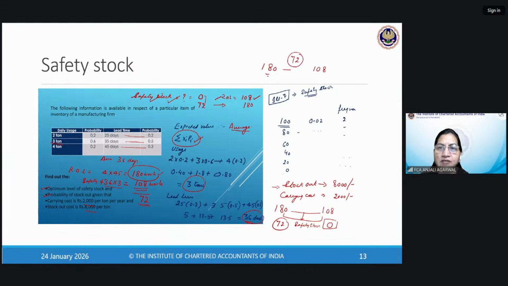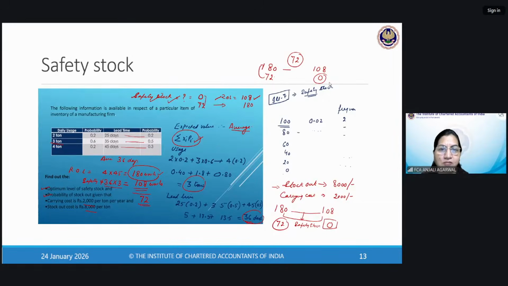So if you keep a safety stock of 72, you are prepared for this situation. But if you keep a safety stock of 0, then any time the consumption crosses 108, so if you consume more than 3 tons any day, or if the lead time exceeds 36 days, you will be stocked out.